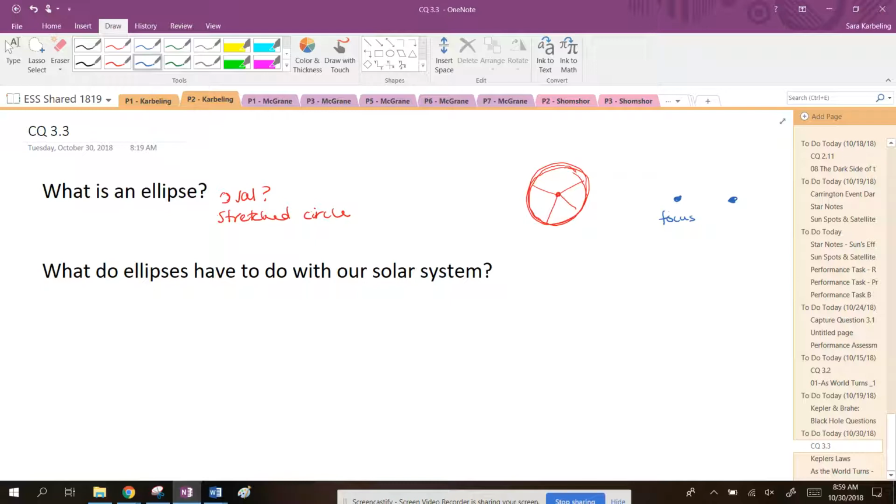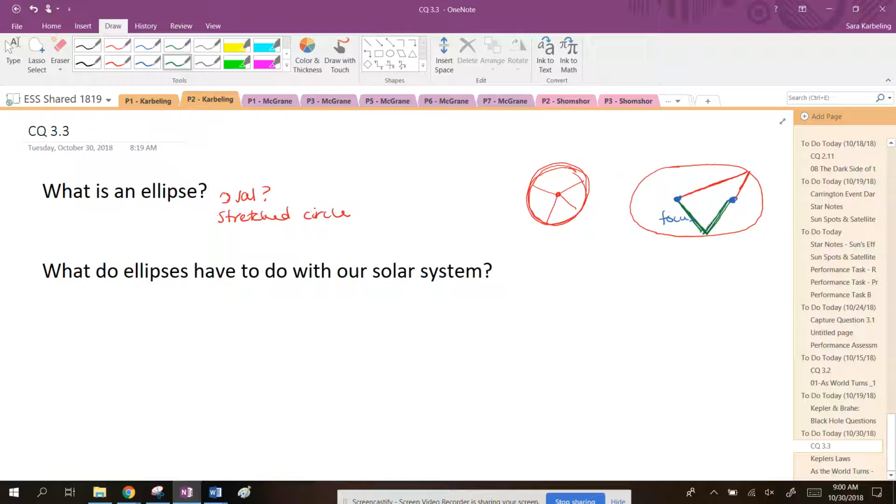Instead of having one thing that's all the same length around, you had a string that when you stretched it, and I don't know if you thought about this, this is kind of the funny thing, as you stretched that string, it was always the same distance if you add these two things together. So let me show you what I mean by that. If this is my ellipse, this distance plus that distance is the same as this distance plus this distance.